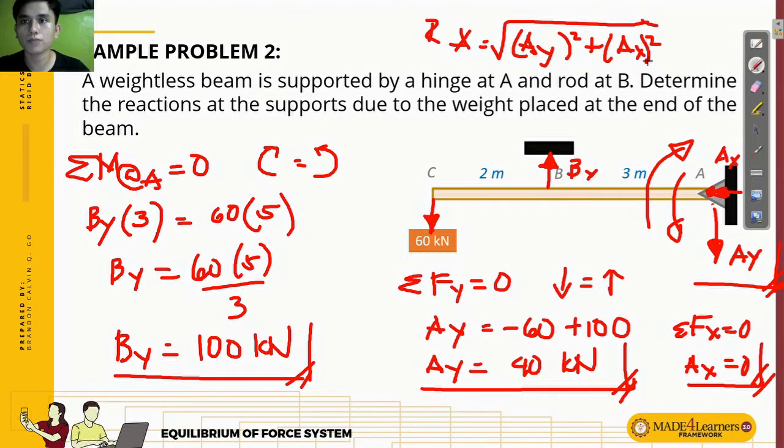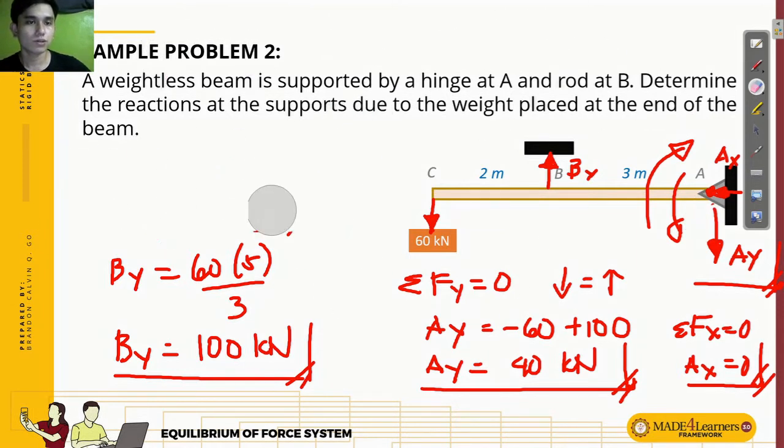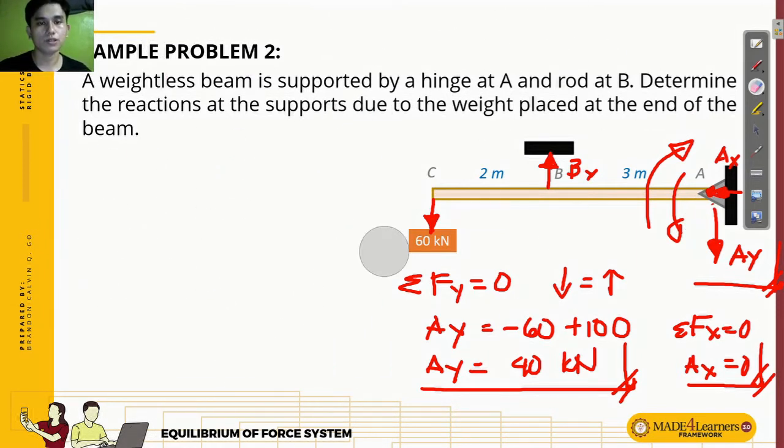Use the Pythagorean theorem to get the resultant reaction at the hinge. But here one component is zero, so it is 40 kN. Okay, let's proceed to the next problem.